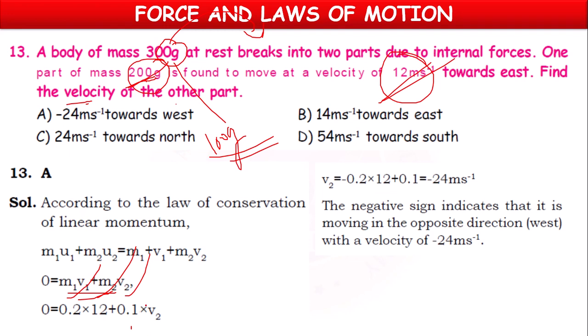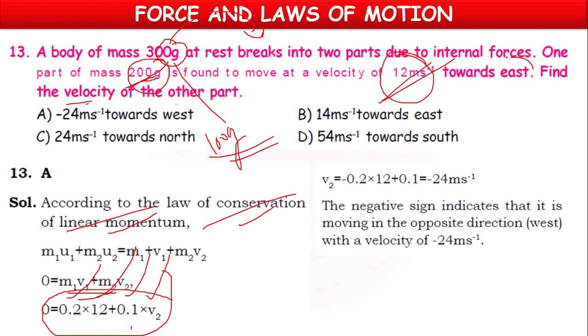Its velocity we have to find, let it be v2. We will get this equation by this law of conservation of linear momentum. So 0.2 into 12 equals 2.4, in one direction.